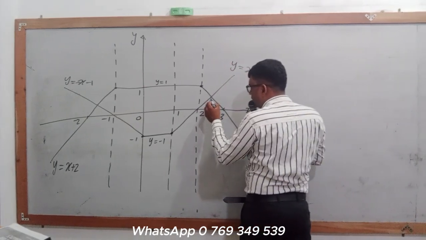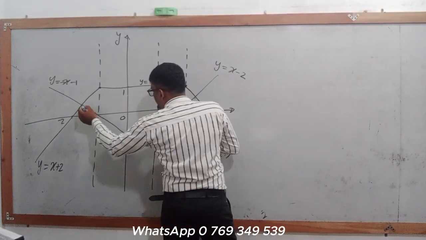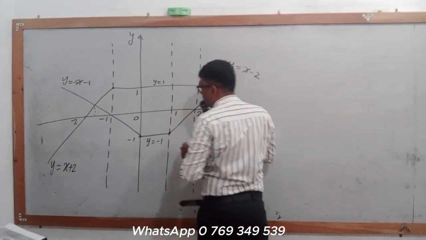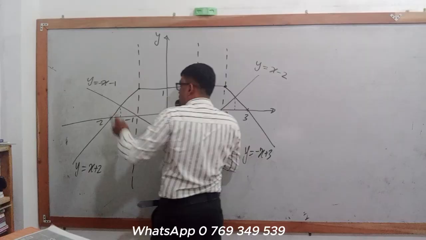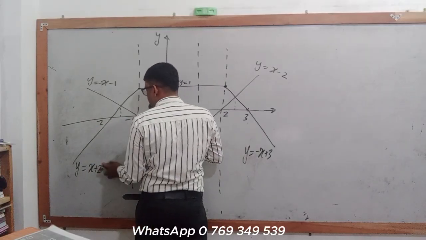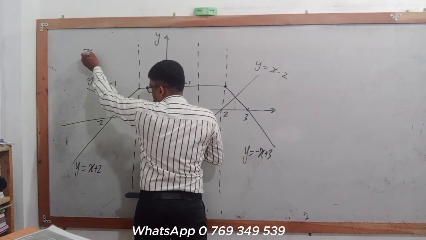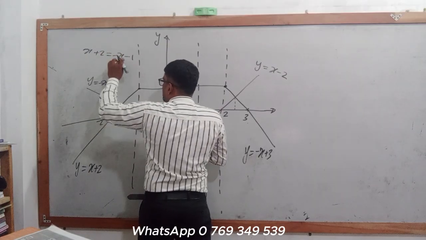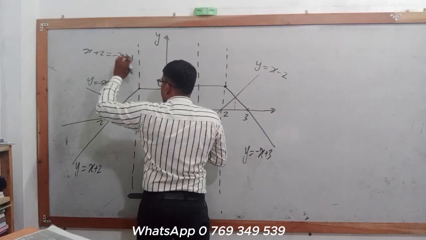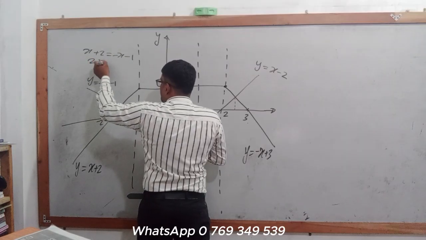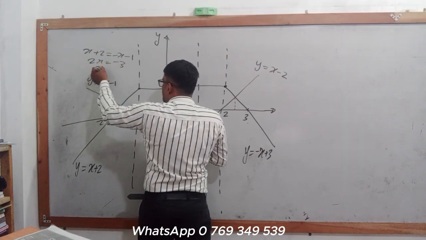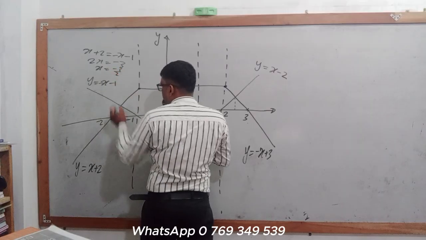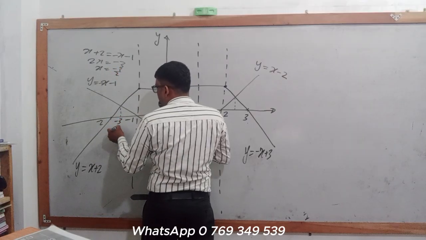Now you have to find the points like this and this. First, solve these two simultaneously: x plus 2 equals minus x minus 1. Therefore 2x equals minus 3, so x equals minus 3 over 2. This one is minus 3 over 2.